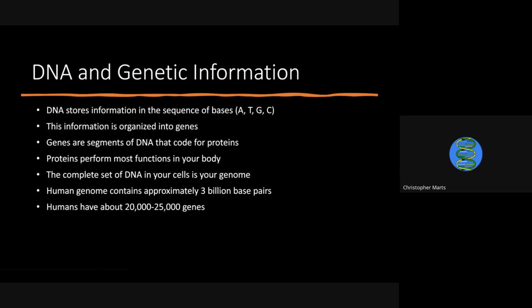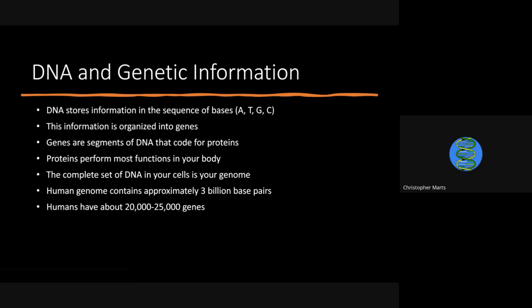So all those bases end up coding for proteins, ultimately. Now, those individual bases or those pairs don't really do much on their own. It's only when they start forming segments or sequences of DNA that they'll code for proteins.